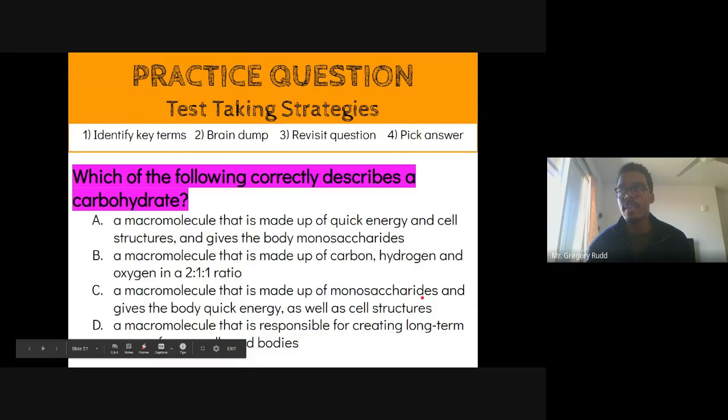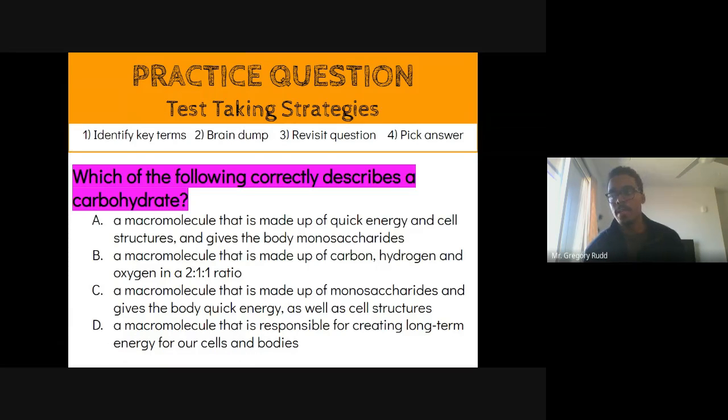And instead of giving the body monosaccharides, answer choice C says giving the body quick energy and cell structure. That sounds a lot more like what we're looking for. That's what my brain dump looks like. So C is a strong answer choice, but we don't want to ever answer something unless we're running out of time. We don't want to answer something without looking at the fourth answer choice.